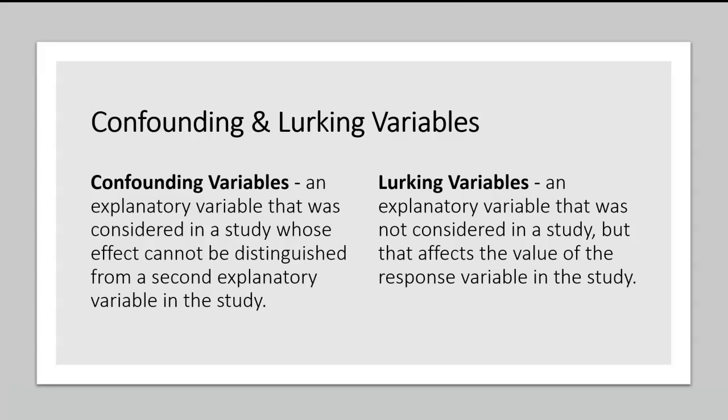For example, with the lurking variable, I didn't put this on my presentation, but in the cigarette example, if we had a study where people who smoke cigarettes had high rates of lung cancer, it could be other factors explaining that cancer, such as the participants' health history, their weight. It could be their genetics, like whether cancer runs in their family or not. So there could be other variables that we did not consider that also explain the effects on the response variable.